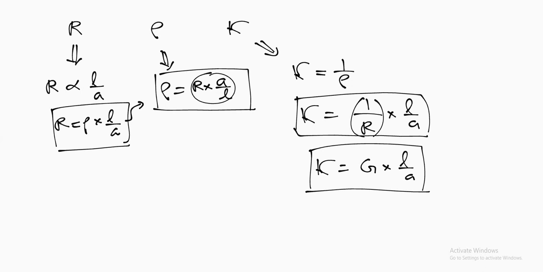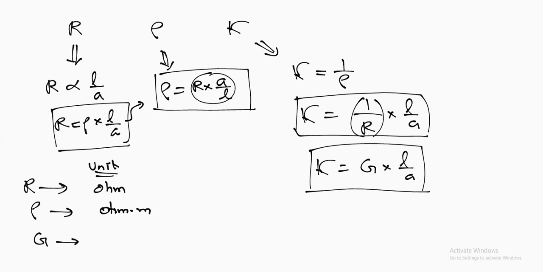Now what is the unit of R? Ohm, correct? Unit of R is ohm. What is the unit of rho? Ohm meter, very good. Unit of rho is ohm meter. What is the unit of G, conductance? Siemens.